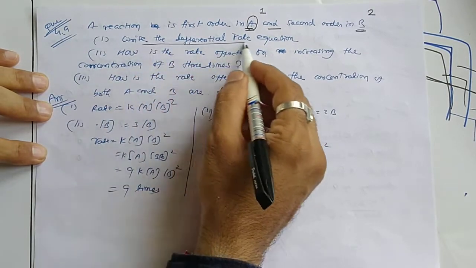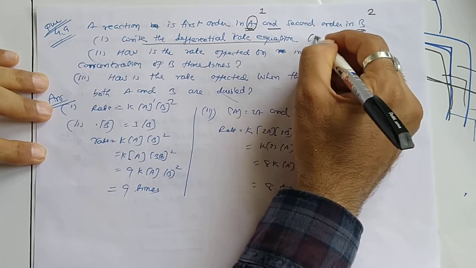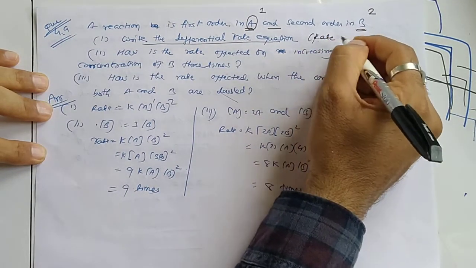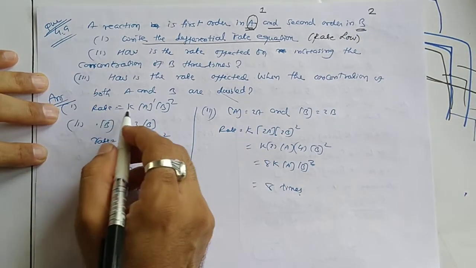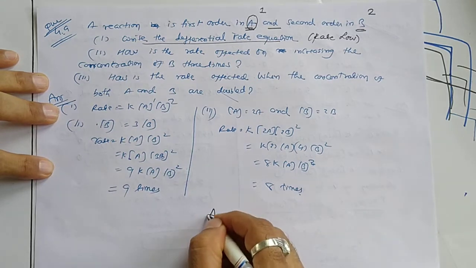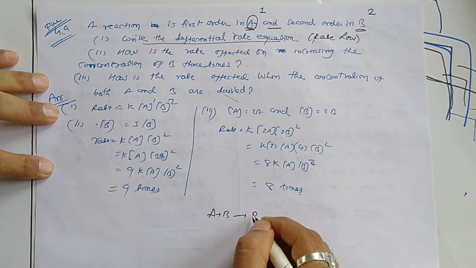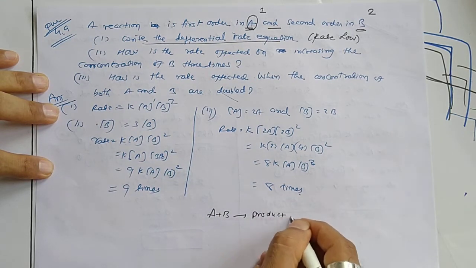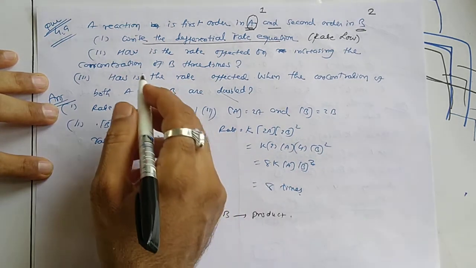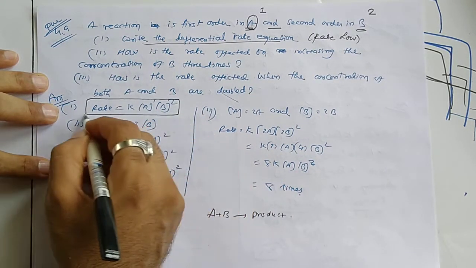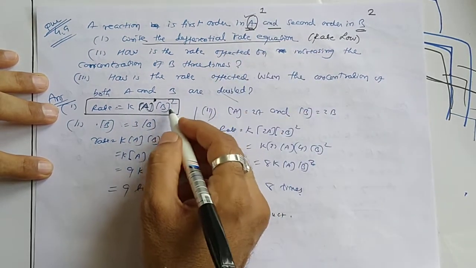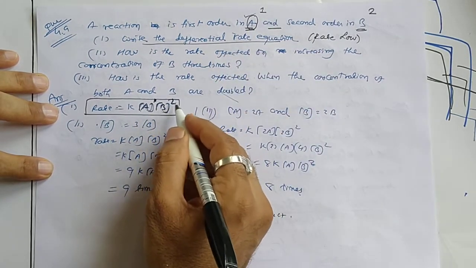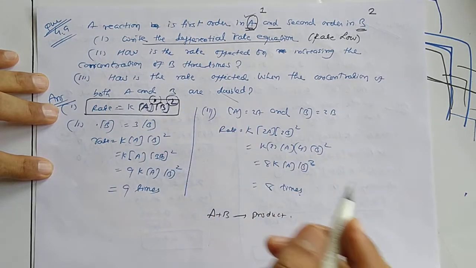Write the differential rate equation, meaning the rate law. So two reactants are A plus B gives a product. So the rate law will be rate is equal to K A raised to 1, which is given in the question, and B raised to 2. So the total order of reaction is 3.